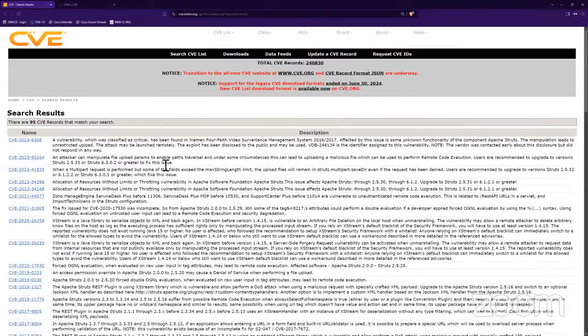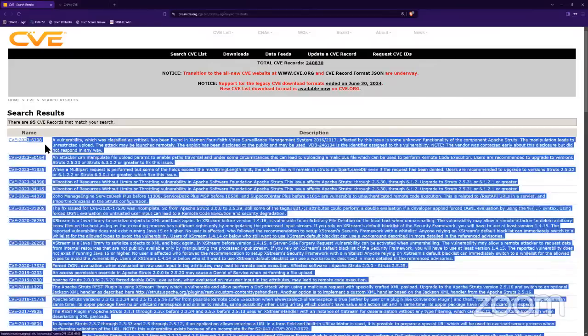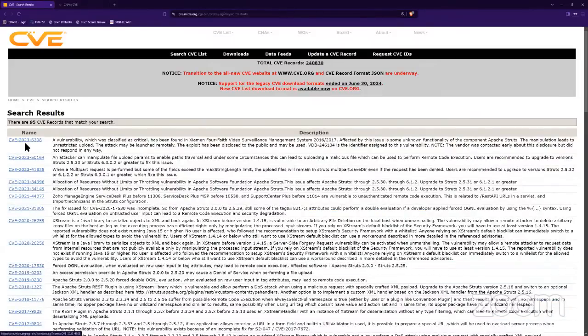I searched for the keyword Struts. This was a vulnerability which came out back in 2023, and it affected a lot of different things. You can see every vulnerability here has a name which first starts with CVE, then the year when this vulnerability came out, or when it was figured out, and then it gets a number behind it.